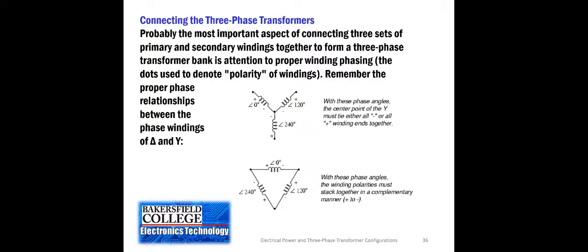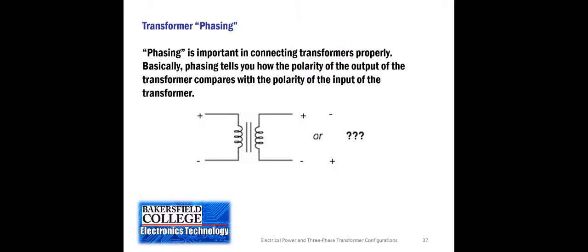So anyway, it's important that the coils are connected in the proper configuration. And that is what we call phasing of the transformer. Phasing simply means that if I stop the sine wave coming into the transformer at one moment in time, then I'm going to have a polarity.